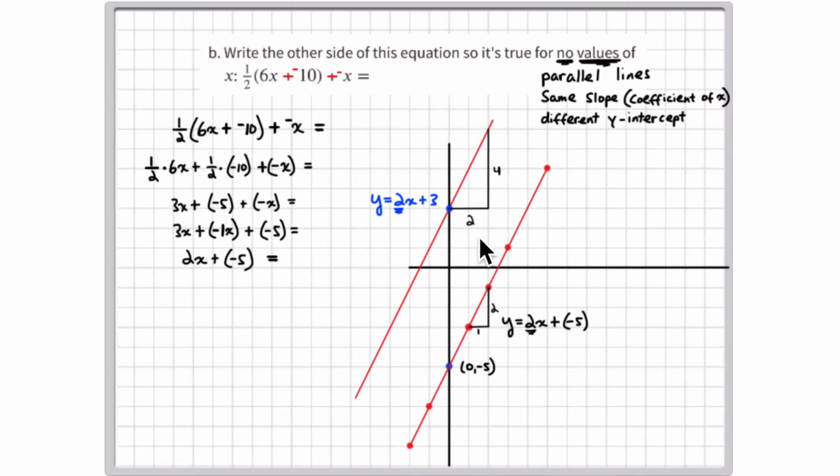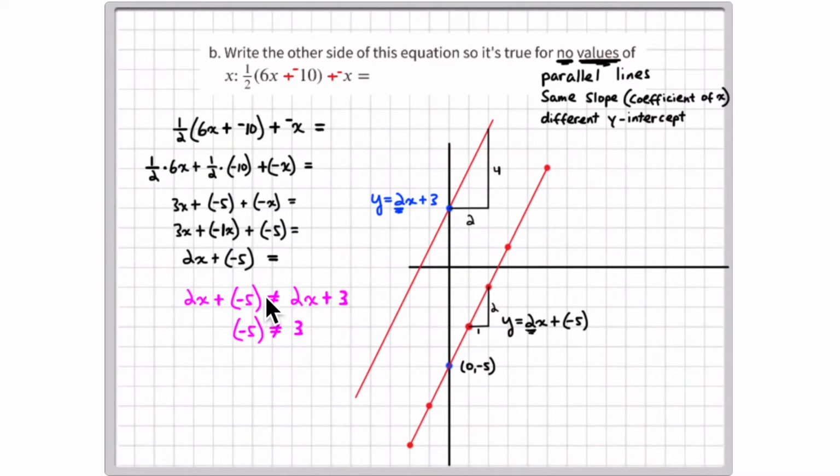They will never share a coordinate, an x and y coordinate that is shared by each line. So there's no value of x that will make this equation on the left equal to this equation on the right. So if you subtract 2x, get rid of the 2x on both sides, you end up with a negative 5 does not equal 3.